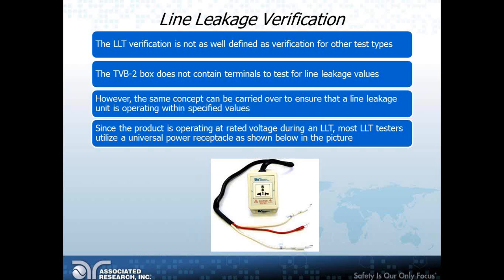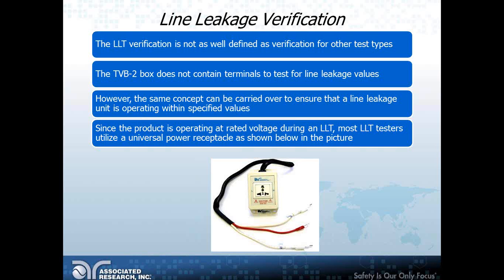This is one of the power receptacles that Associated Research sells with its leakage testers, and this box can be used for running multiple different types of tests, and it's compatible with the Omnia 2 series of complete electrical safety compliance analyzers.